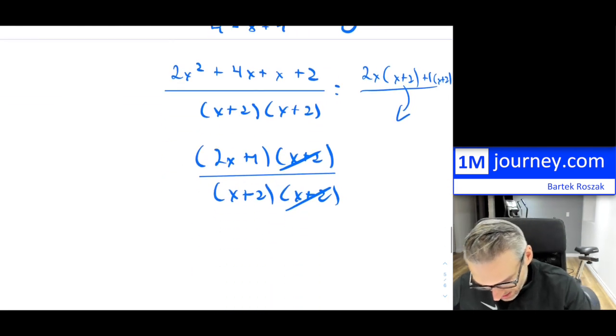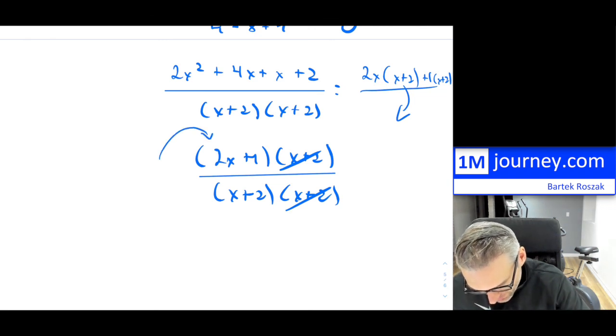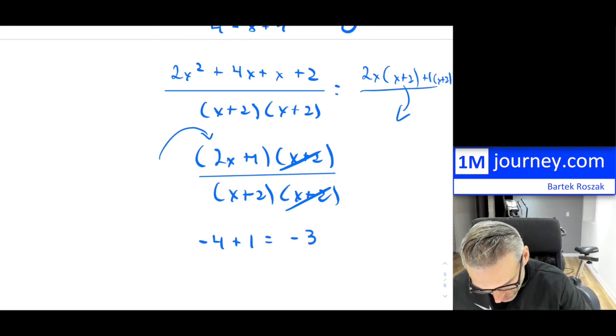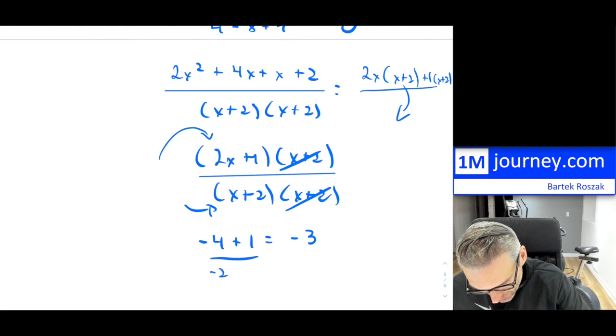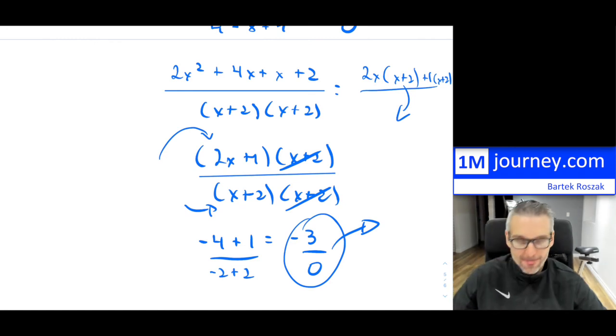Now I'm approaching negative 2. Even if I substitute this into here, negative 2, that's going to be negative 4 plus 1, say negative 3, but in the denominator, I'm going to get negative 2 plus 2, which is 0. So that's undefined. Now, when we do run into undefined, then the limit doesn't exist.